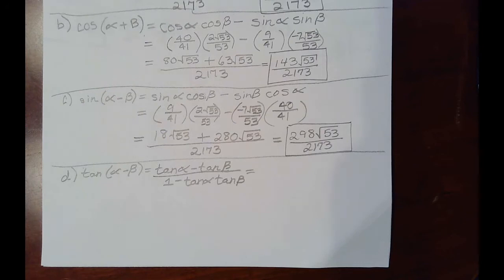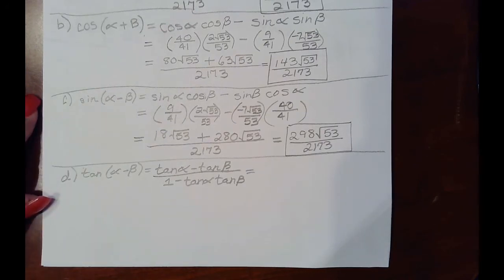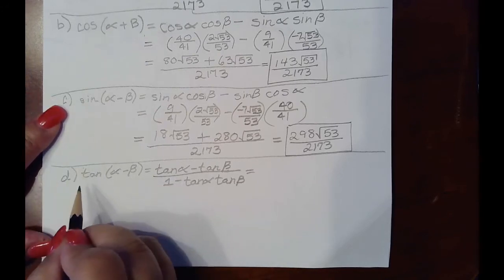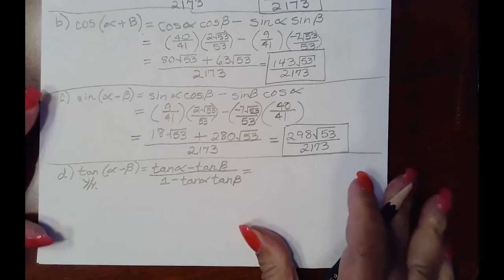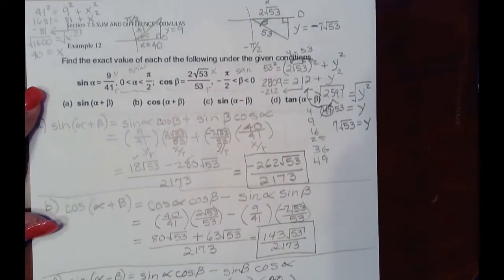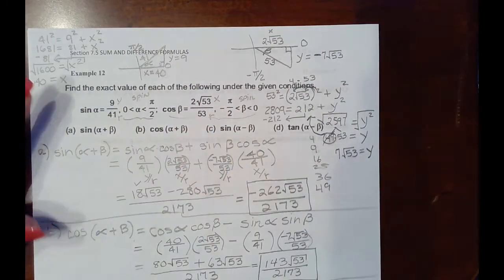You might want to come off to the side and figure out what the tans are, since I don't think they are very non-complicated values for the alpha triangle. So tan of alpha, just remember tan is y over x. So in this alpha triangle, y over x would be 9/40.